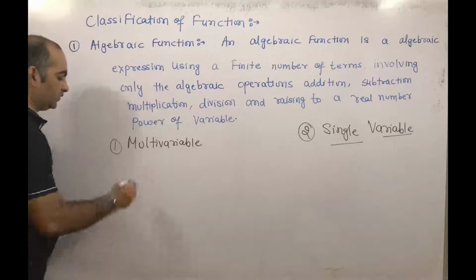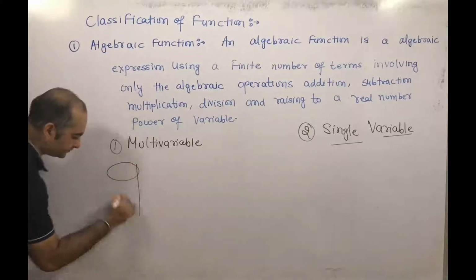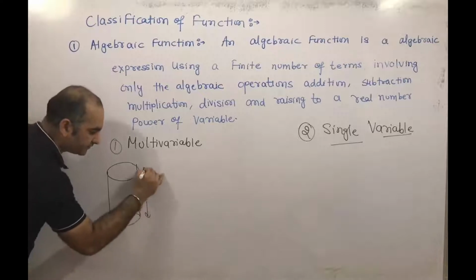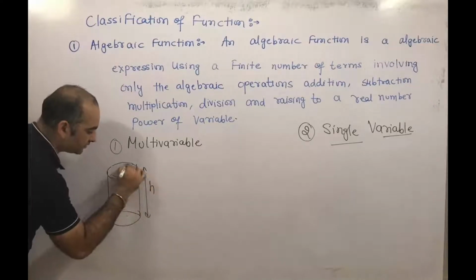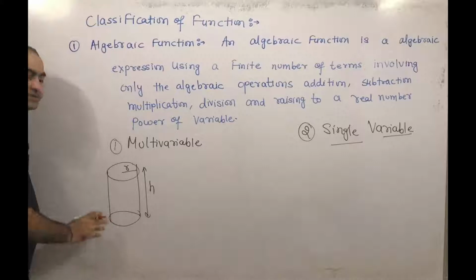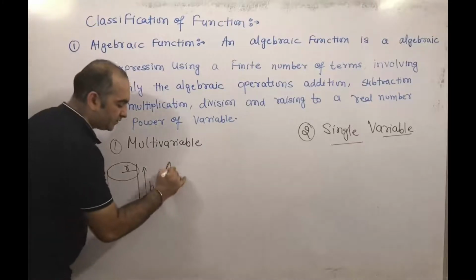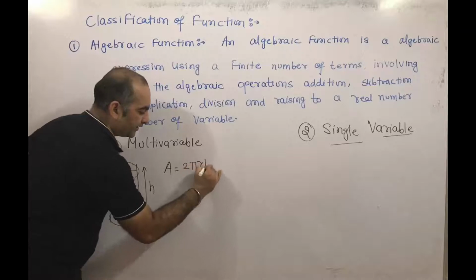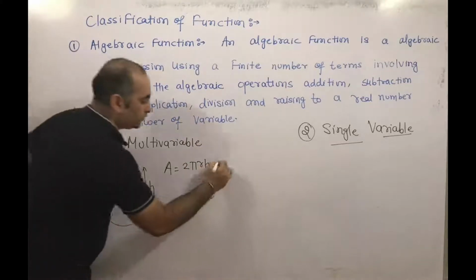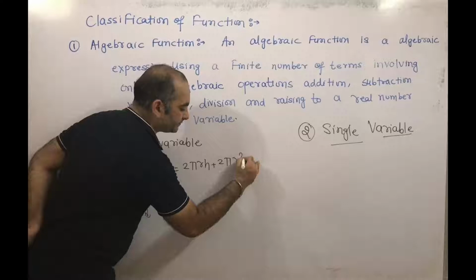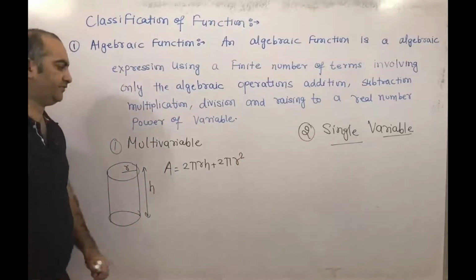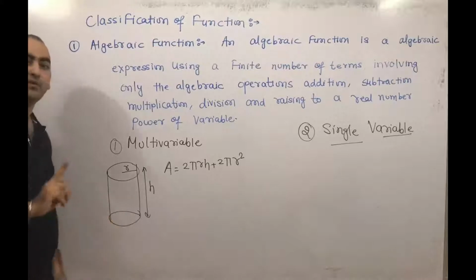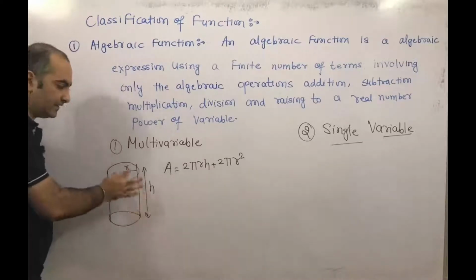Okay, so we have a cylinder. Height is H and radius is R. Suppose we want this cylinder's surface area. What is the surface area formula? That we know: 2 pi RH plus 2 pi R square. So the cylinder surface area will depend on height as well as radius.